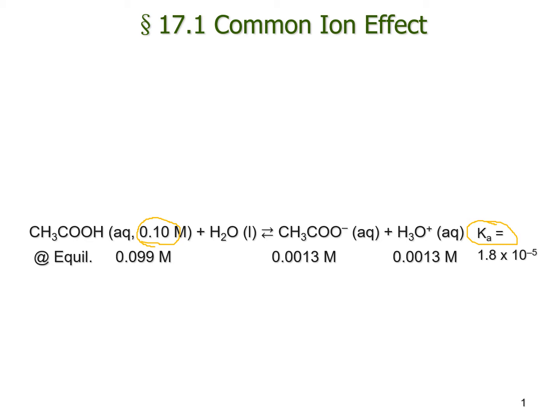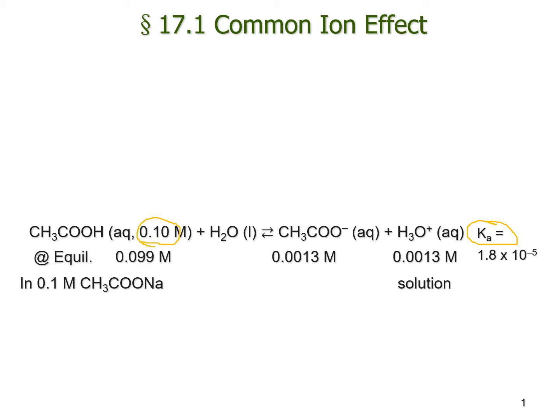You may wonder what happened. There's nothing new here; this is something that we have been practicing in chapter 16. Now, I want you to understand, we're going to put this equilibrium into something different. Imagine we transfer this equilibrium into a 0.1 molar sodium acetate solution.